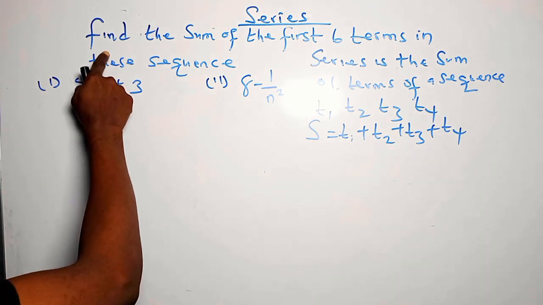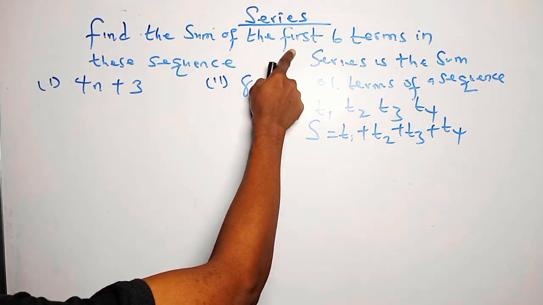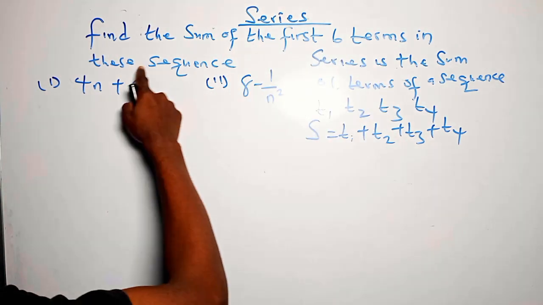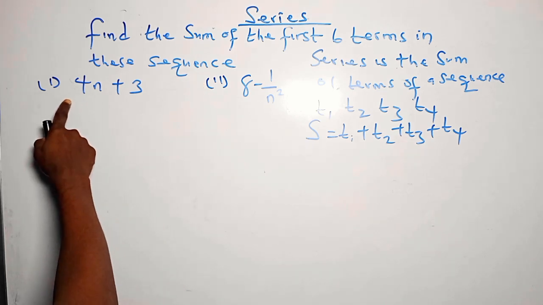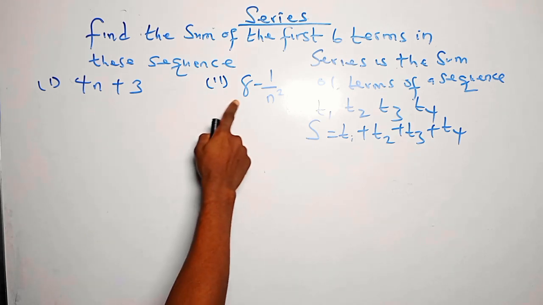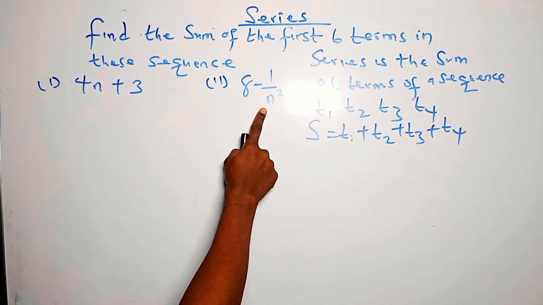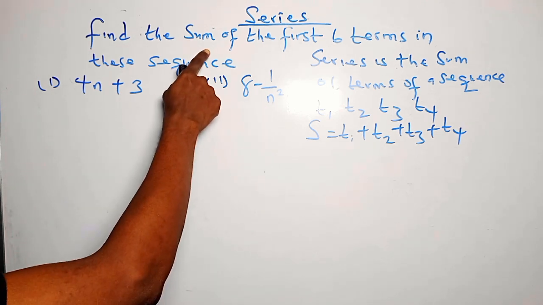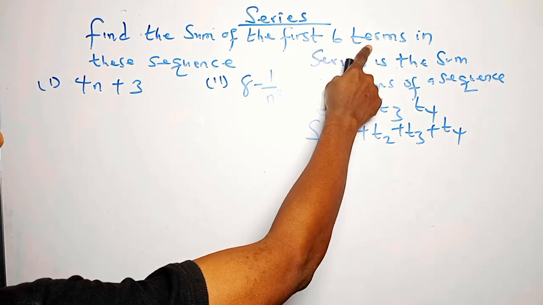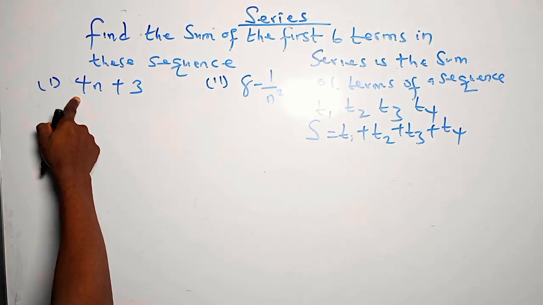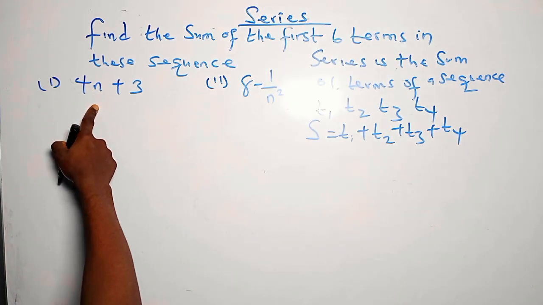So the question says, find the sum of the first six terms in this sequence. So we have 4n plus 3, and we have 8 minus 1 divided by n squared. So let's start with the first sequence.